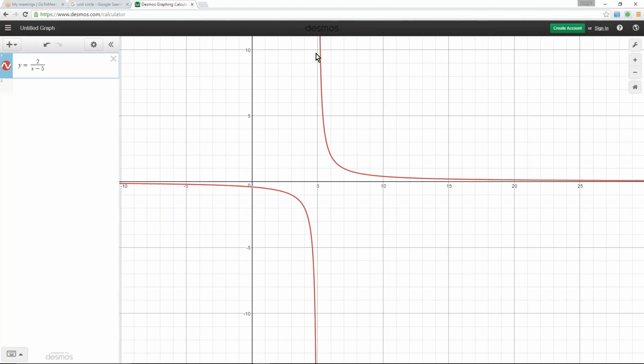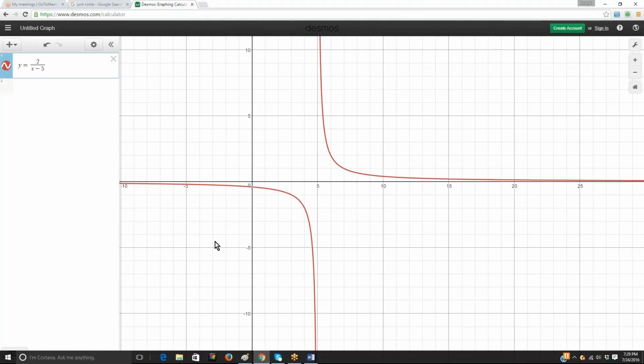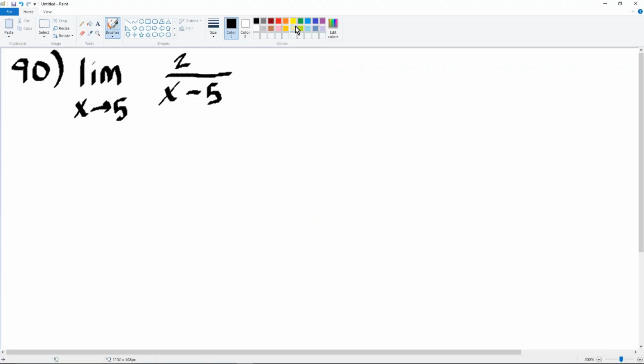It has a vertical asymptote at x equals what? 5? Yeah. Everything else is the same. So this would be a picture of it.